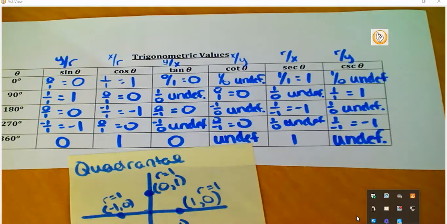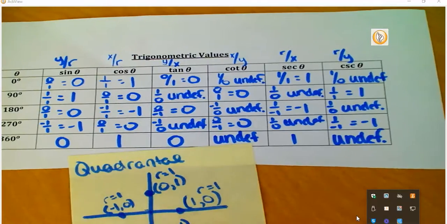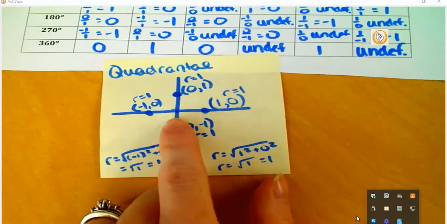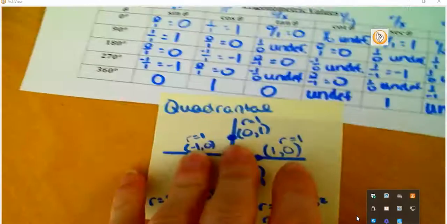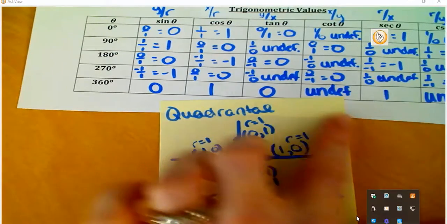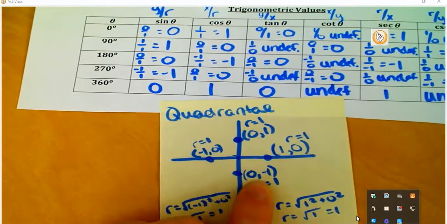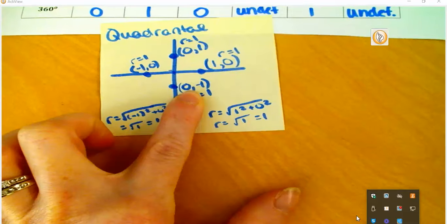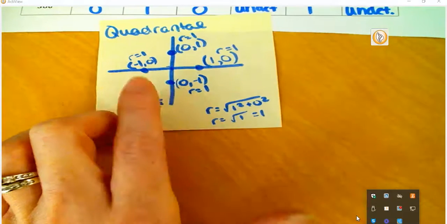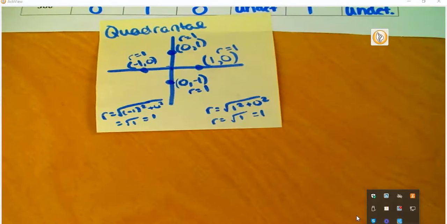It's not so much that I expect you to, at this point, have this table memorized. What I expect of you right now is that you could draw this little picture and figure out any one of these things. So if I just said tangent of 270 degrees, you could say, okay, well at 270, this would be my point. Tangent is y over x, so negative 1 over 0, tangent of 270 is undefined.